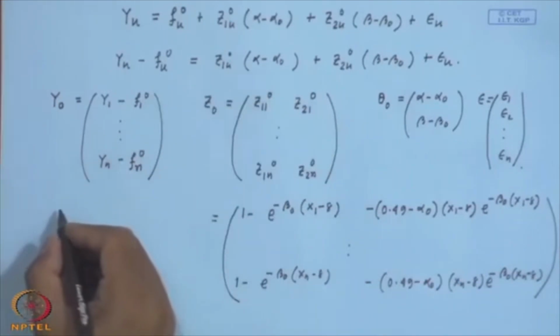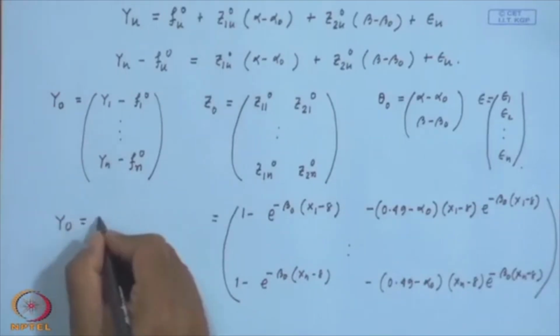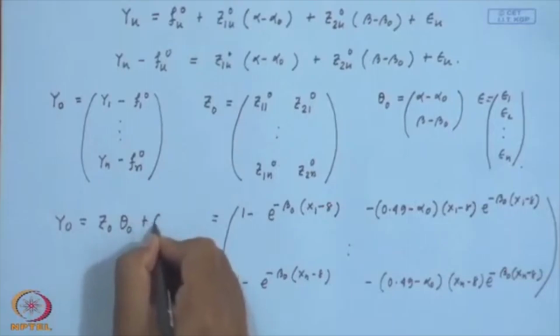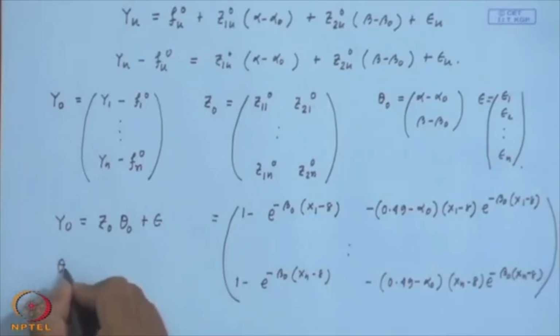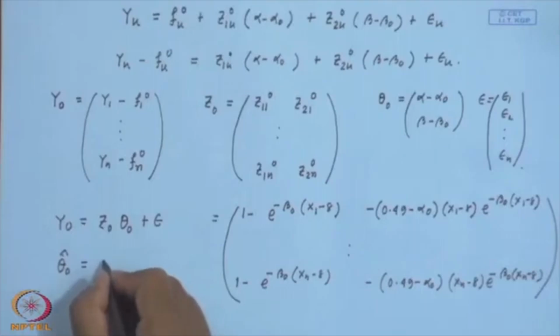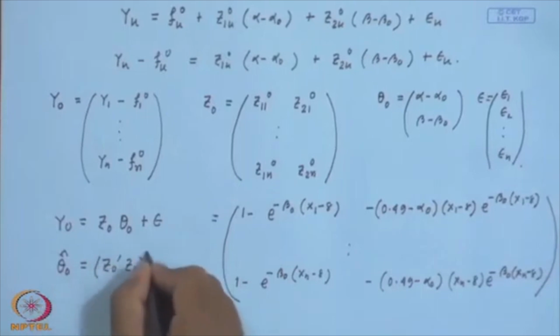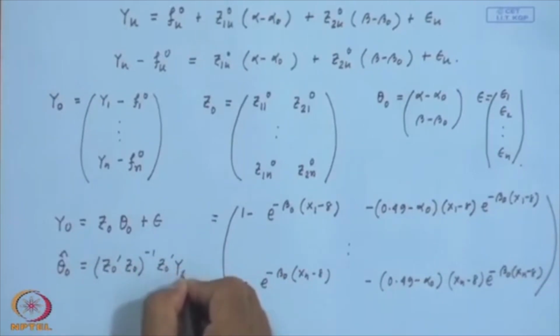We know that in matrix form this can now be written as y naught is equal to Z naught theta naught plus epsilon, and we know that then theta naught hat is equal to Z naught prime Z naught inverse Z naught prime y naught.